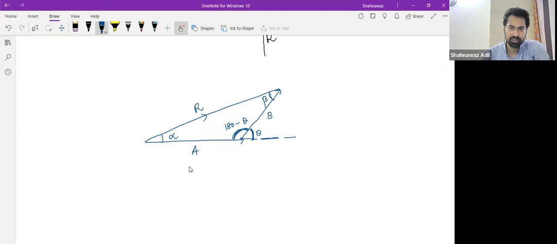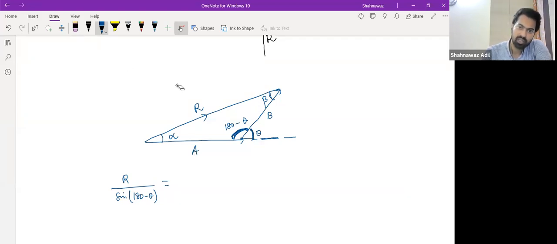Is that clear, guys? Yes, sir. So from Lami's theorem, what is opposite to R? Opposite to R is this. So R by sine of 180 minus theta would be equal to A, and opposite to A is what?